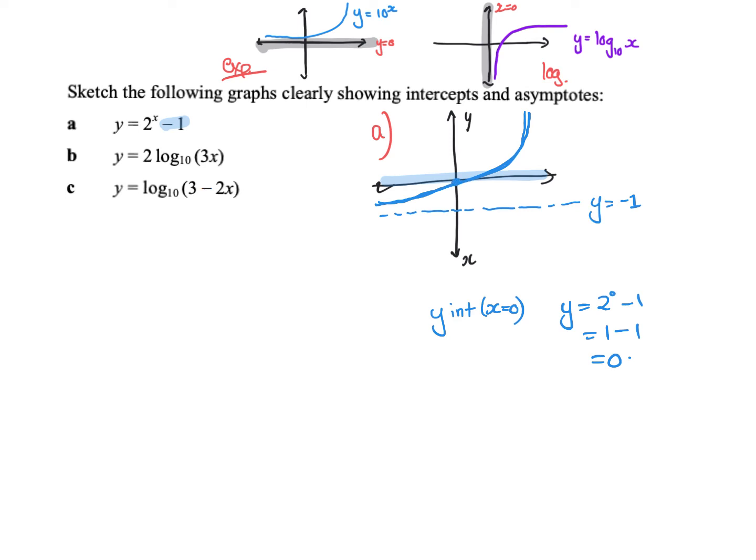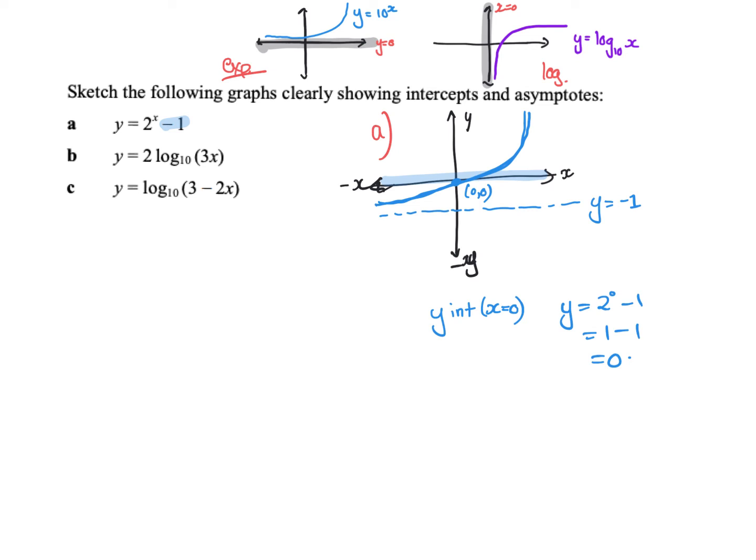It says show intercepts and asymptotes, so I'm probably set there, as long as my shape is pretty good. I'm probably missing just labeling that x. Just label your axes. So that would be that one.